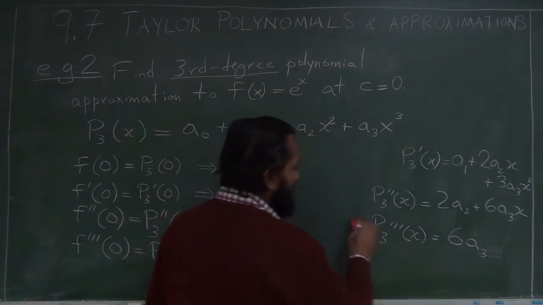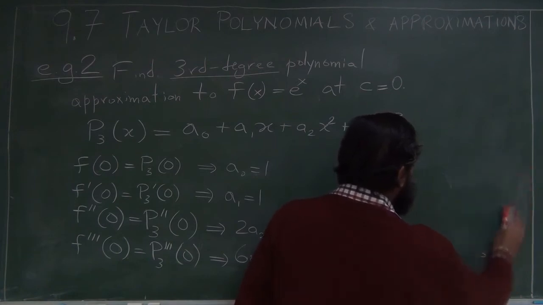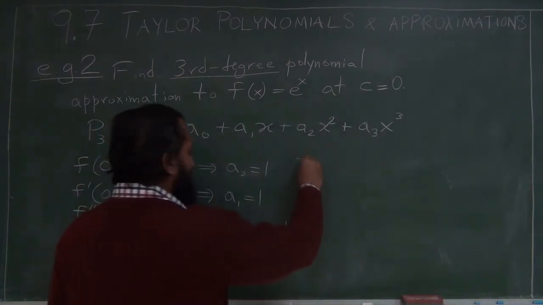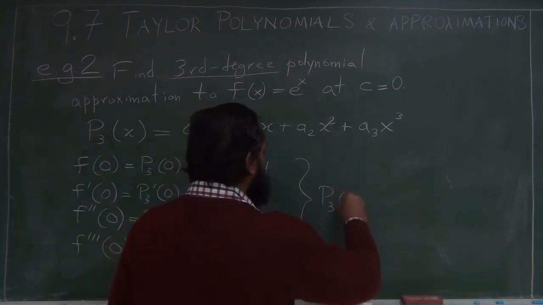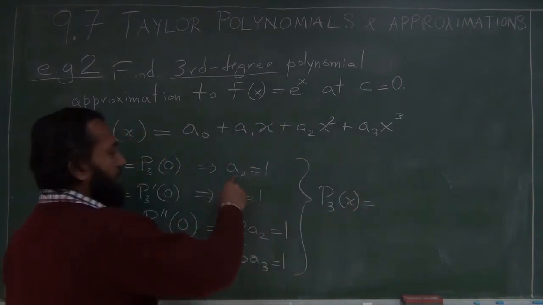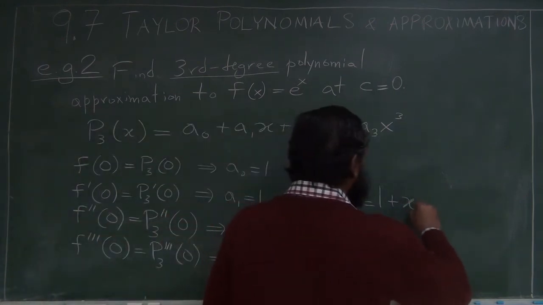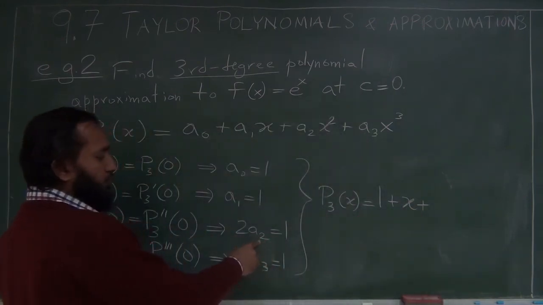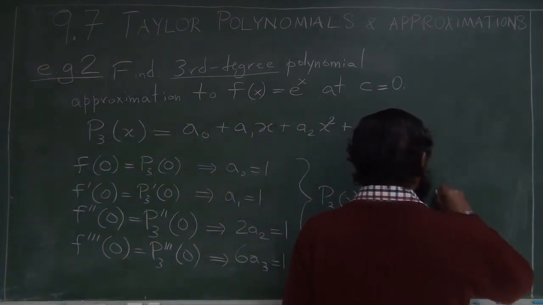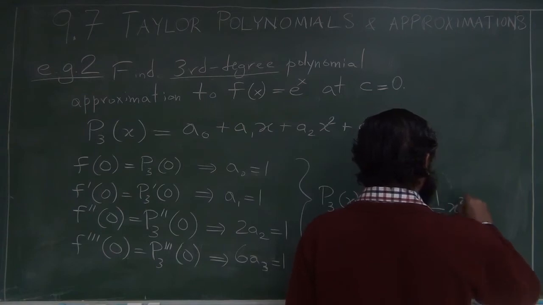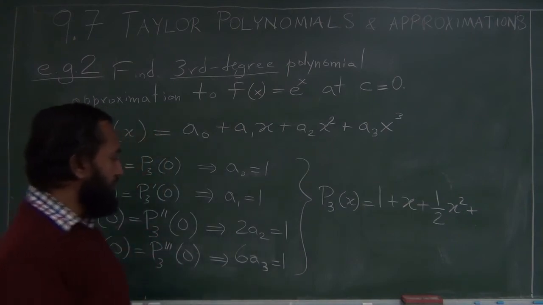Let's erase this to make some space. Putting all this information together, our polynomial will be: the constant term is 1, the coefficient of the linear term is 1, a2 is a half, so you have half x squared, plus a3, which is 1/6.